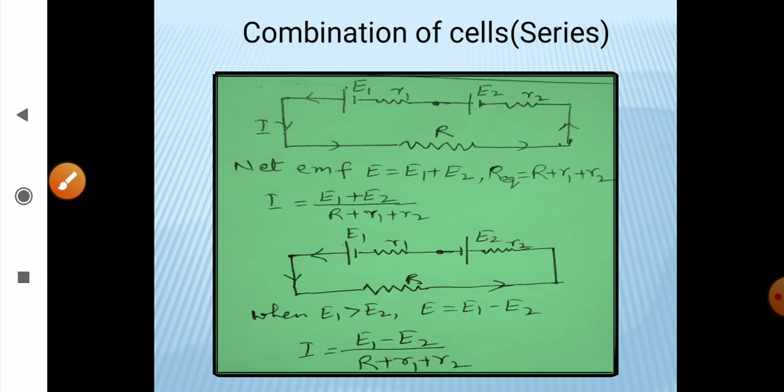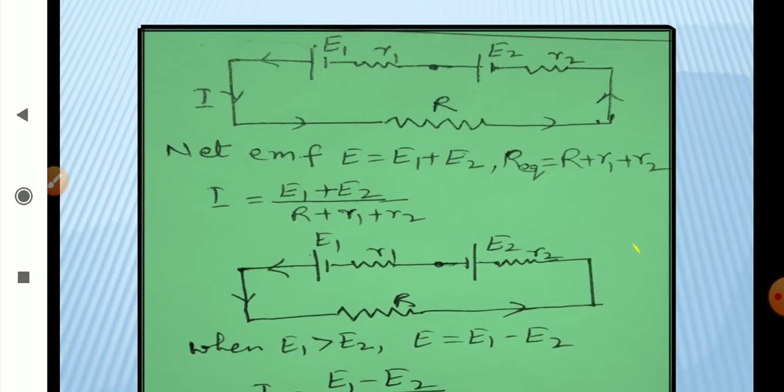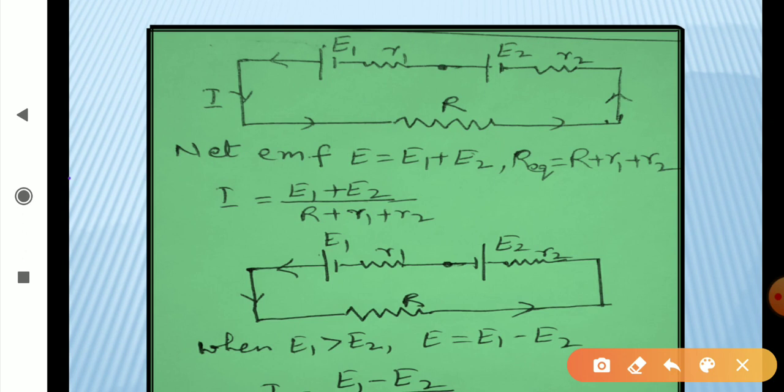Now, combinations of cells in series. To obtain more current, we need to combine cells together. So here, we have taken two cells, E1 with internal resistance r1 and E2 with internal resistance r2 connected in series.